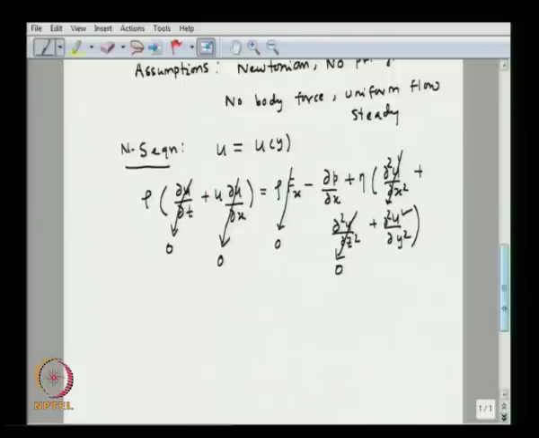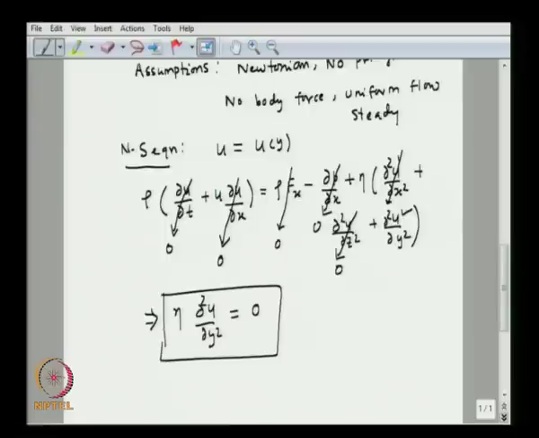Okay. So, the equation we get, there is no pressure gradient, so this term will be 0. So, we say that the viscous force, eta del square u over del y square, is going to be 0, right.